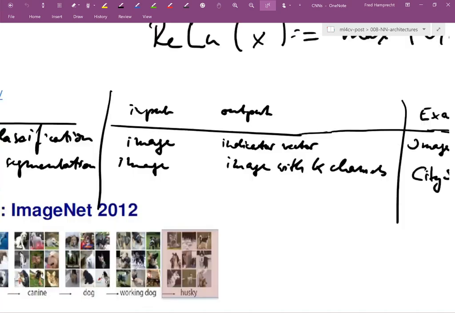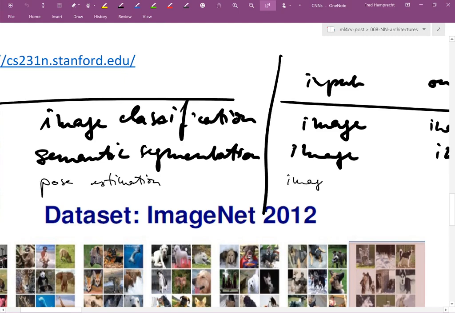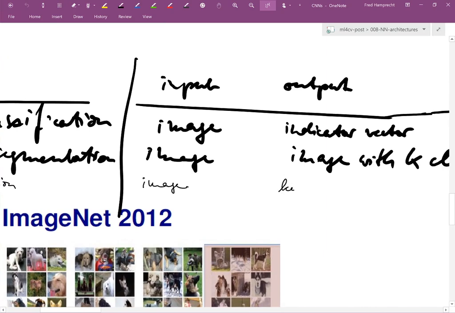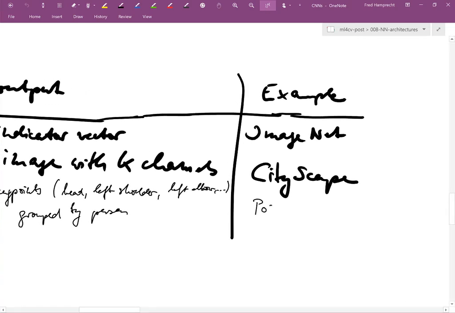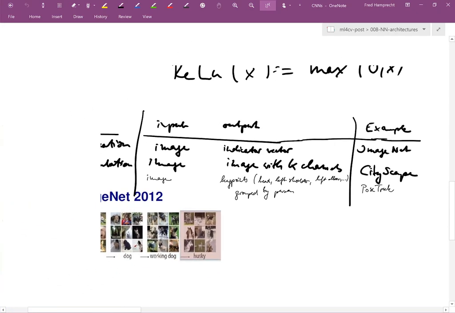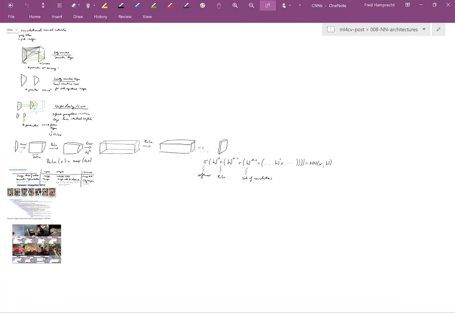I will also mention in two cases pose estimation, where the input is an image and the output are key points, such as, for example, head, left shoulder, left elbow, and so on, grouped by person, if there's more than one person in the image. And challenges, there's, for example, a PoseTrack dataset by Jürgen Gall and others also. Okay, so these are our guiding problems when looking at architectures today.